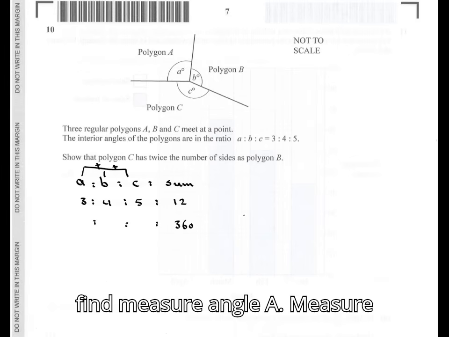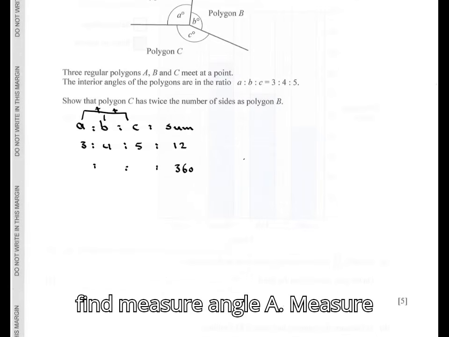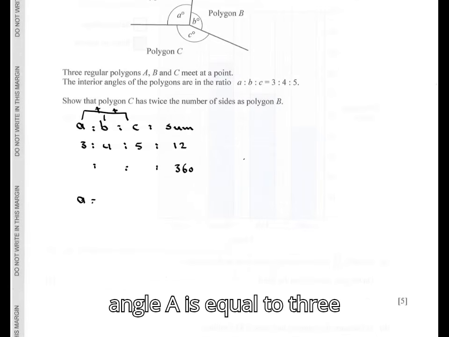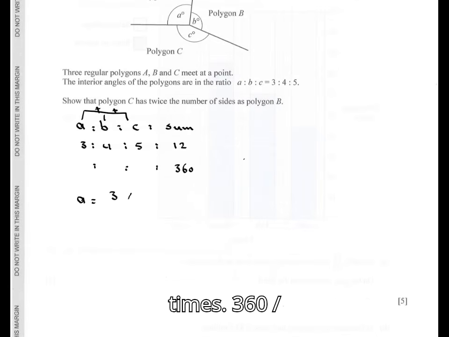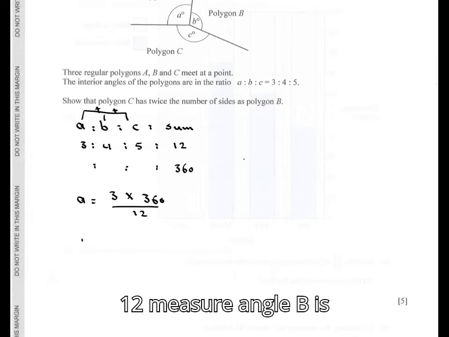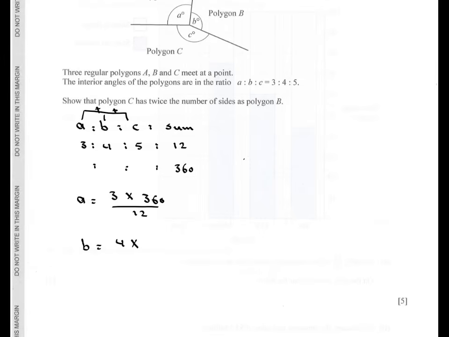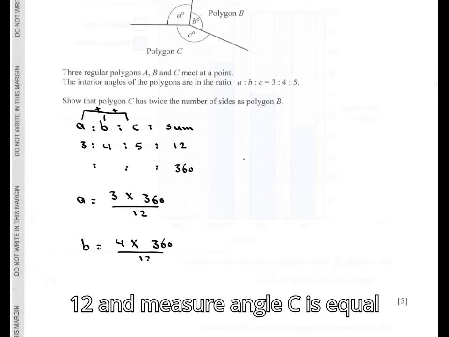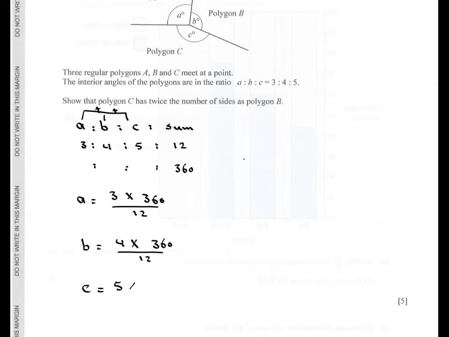Now we can find the measure of angle A. Measure of angle A is equal to 3 times 360 divided by 12. Measure of angle B is equal to 4 times 360 divided by 12, and measure of angle C is equal to 5 times 360 divided by 12.